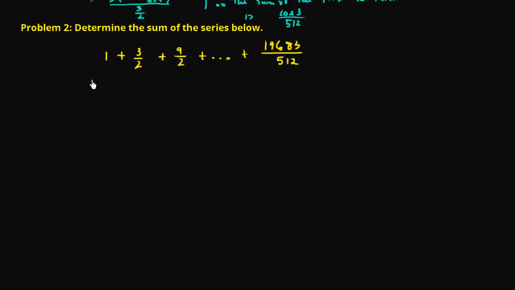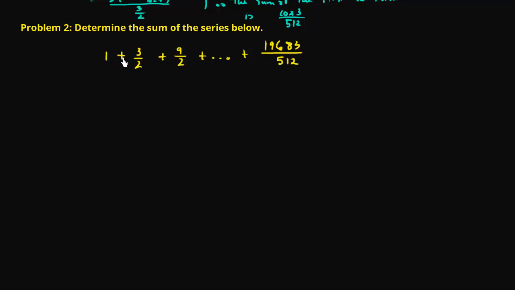Okay, so let's move forward to another problem where we're told to determine the sum of this series below. Again, you can't just assume that a series is arithmetic or geometric. You have to identify that it's either arithmetic or geometric. And the way to identify a geometric series is to see if there's a common ratio.